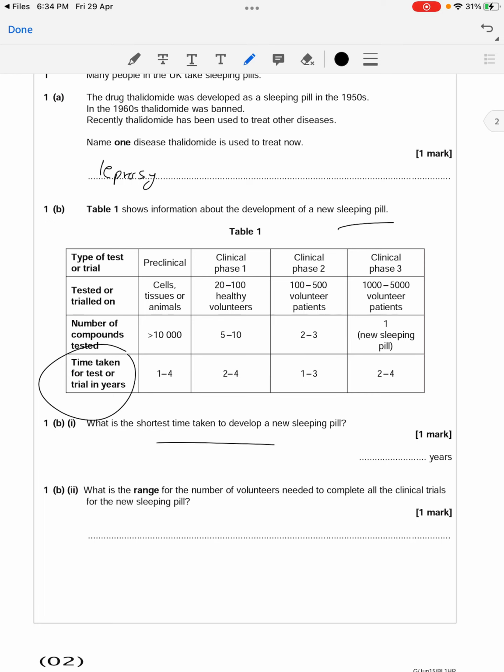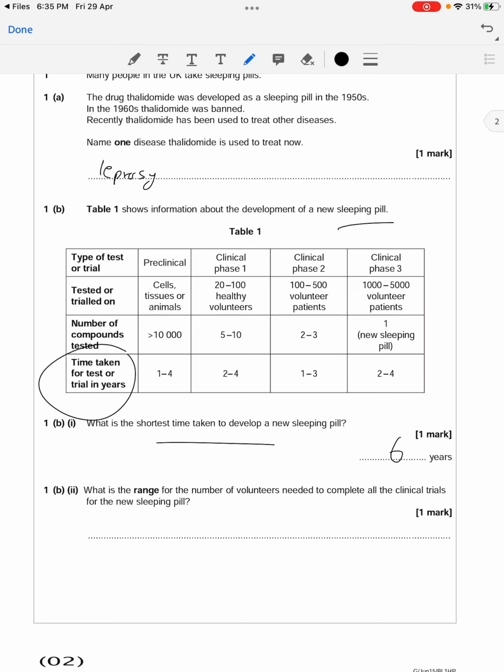The time taken for test and trial in years is 1 to 4, 2 to 4, and in phase 3 it's about 6, maximum 6, 2 to 3.